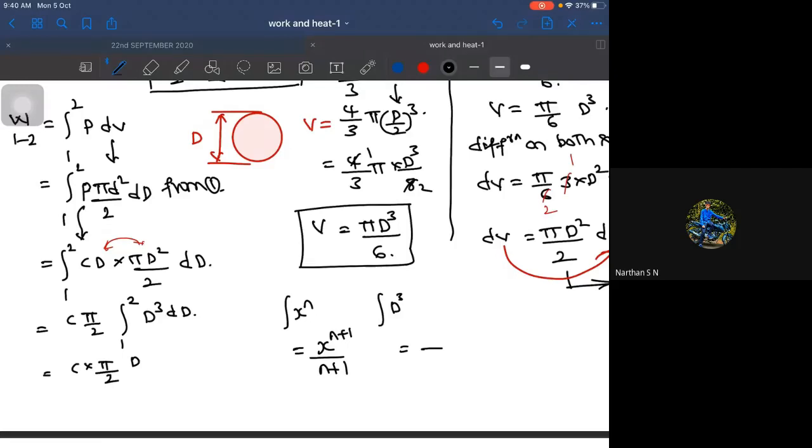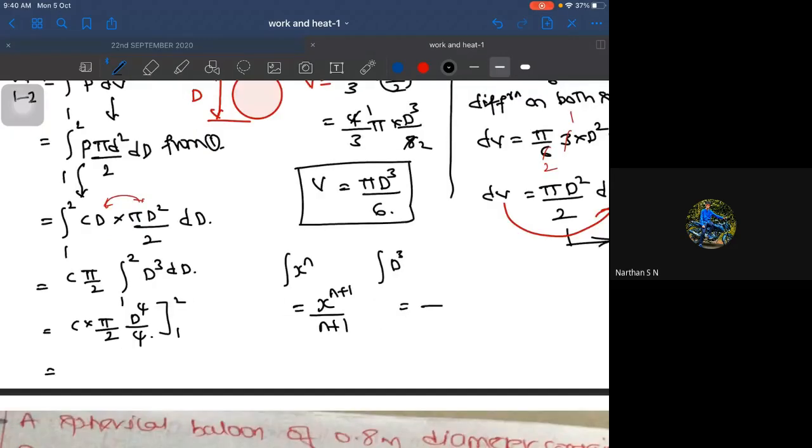So yes, it is d to the power of 4 divided by 4, over the limits 1 to 2. Okay, if I solve it further, it is C into pi by 8, because 2 into 4 is 8. If I apply the limits directly, it is d2 to the power of 4 minus d1 to the power of 4.